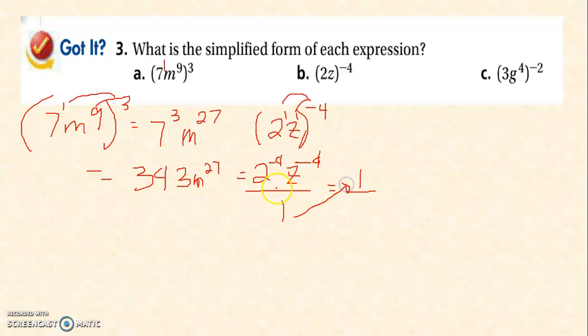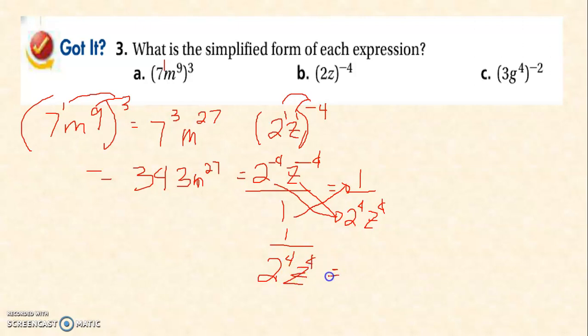And then, since your 2 has negative exponents and it is found on top, you need to write it down. So you now have 2, making the exponent positive. You have z, making the exponent positive. So you now have 1 over 2 raised to 4 and then z raised to 4.